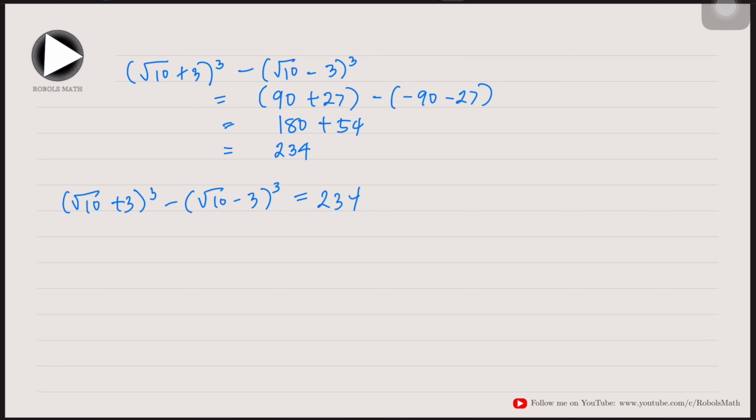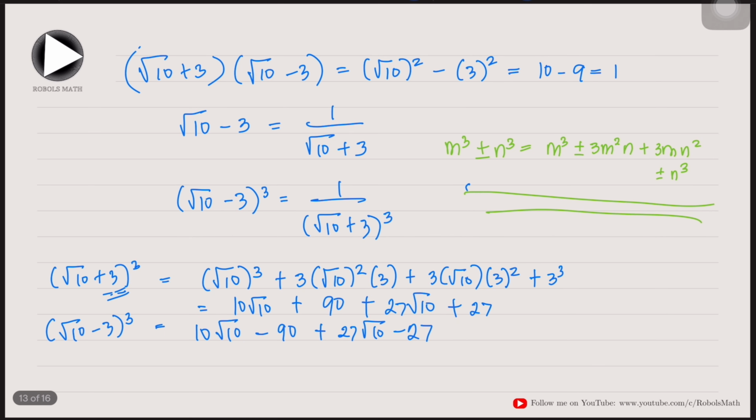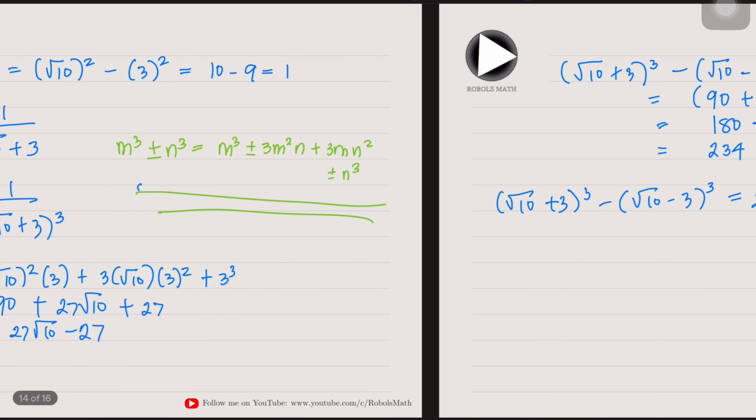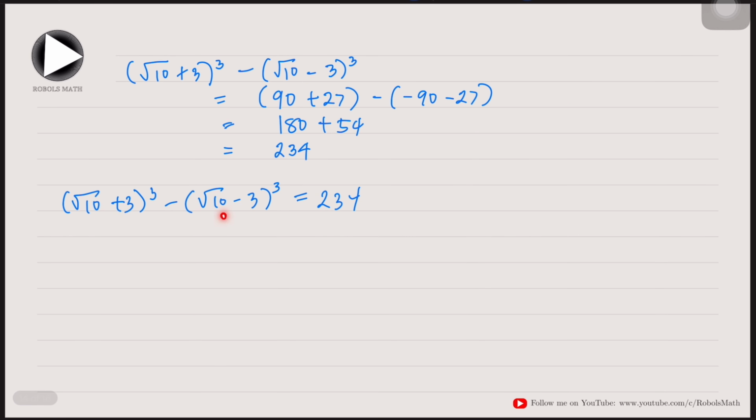Now what? We still don't know the value of this expression. This might not be obvious to you right now, but if you go back to what we've discussed earlier, we note that the square root of 10 minus 3 quantity cube is equal to 1 over the cube of square root of 10 plus 3. So we can replace this by 1 over square root of 10 plus 3 cube.